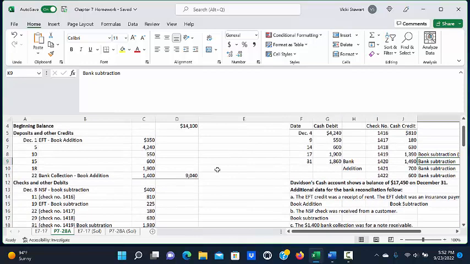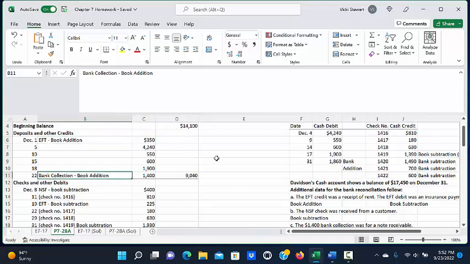Next, we're going to compare what is on the bank statement to see if all of those amounts are recorded in the books. So we see that the bank shows that they received by EFT $350, and we do not have that recorded. So that will be shown as a book addition on the bank reconciliation.